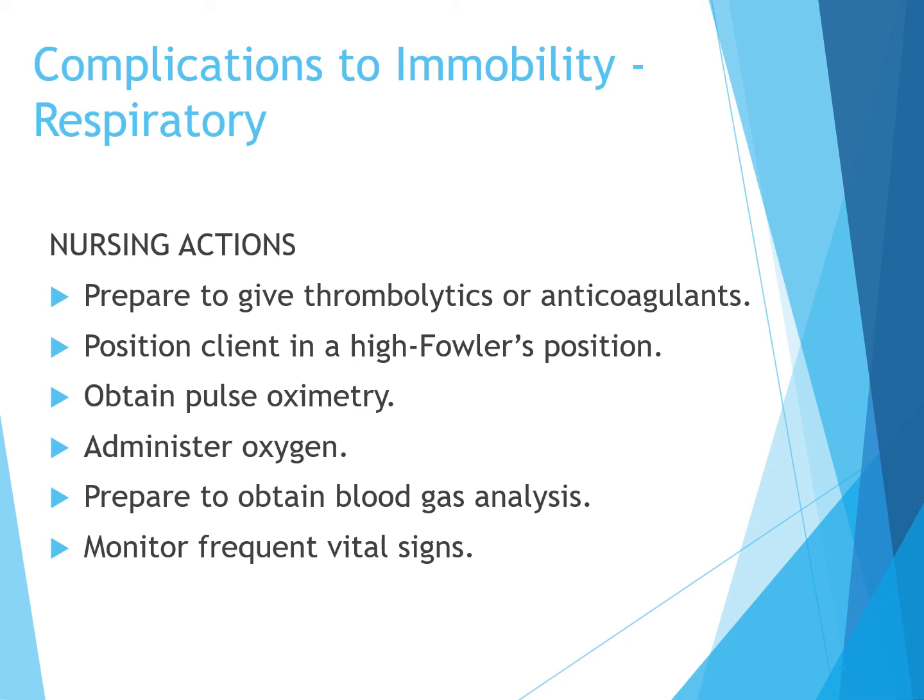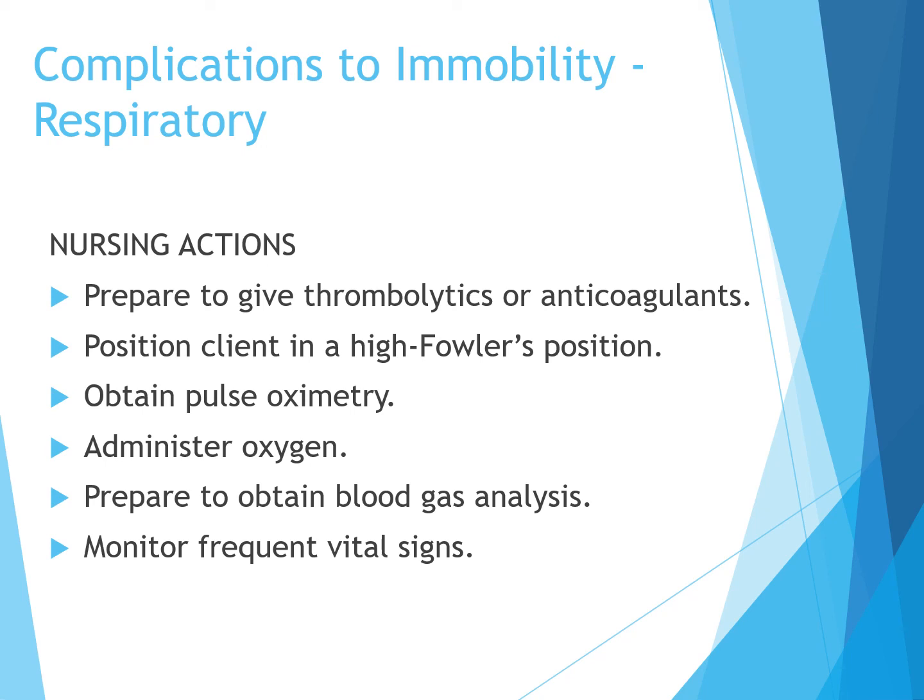So when we have a pulmonary embolism, typically we're going to be treating with thrombolytics, so clot busters, things that will break up the clot, and then anticoagulants. And remember that anticoagulants are all about thinning the blood. When you start to thin the blood, you're increasing circulation around that clot, and eventually, depending on the size of the clot, the body can reabsorb it.